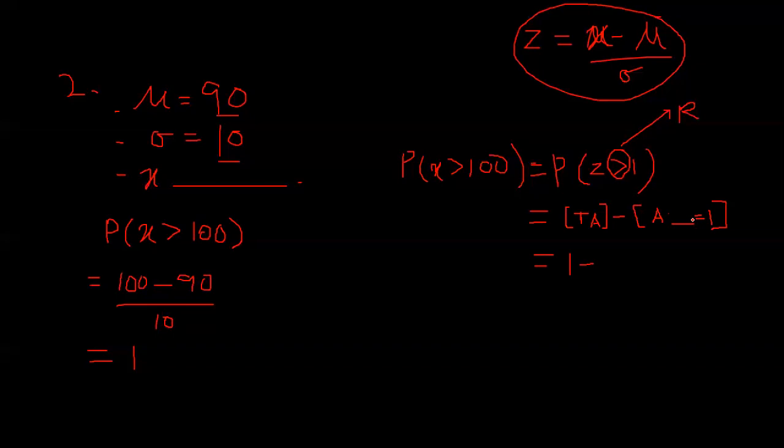When you refer to the standard normal distribution table for the area to the left of Z equal to 1, you will get 0.8413. So 1 minus 0.8413, you will get 0.1587.